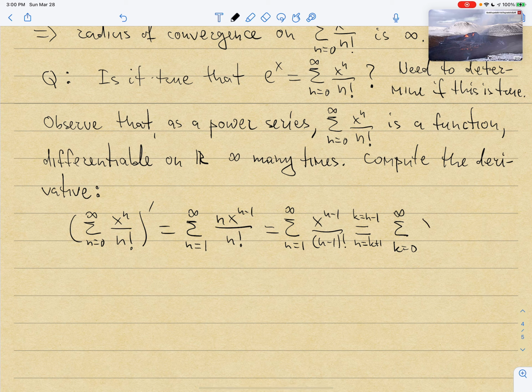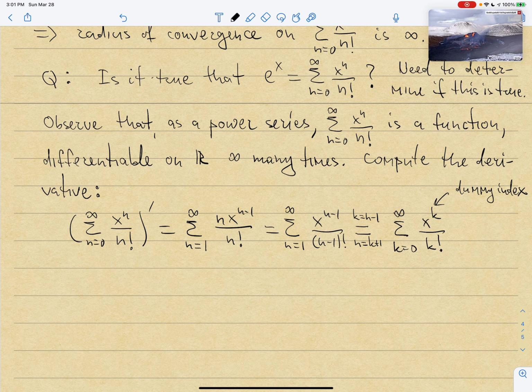Then I have x to the n minus 1, which is k, over n minus 1 factorial, which is k factorial. Okay, but now k is a dummy index. It's an index which is internal to the sum; once I added the elements, the sum is not going to depend on k.